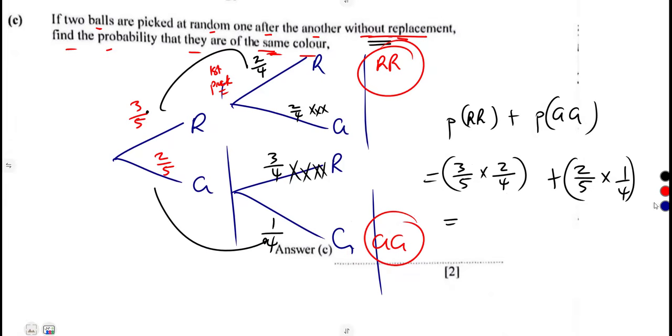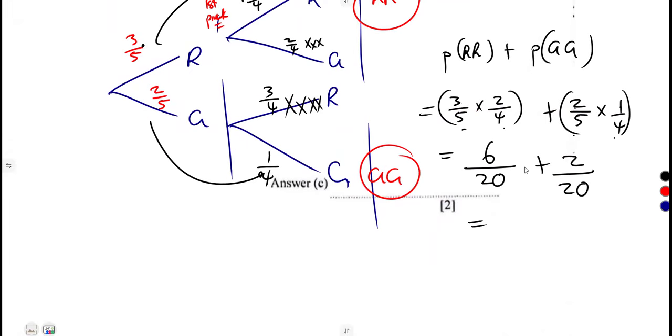All right, so let us multiply. We can simply consider numerator to numerator, denominator to denominator. 3 times 2 is 6, 5 times 4 is 20, plus 2 times 1, that's 2, 5 times 4, that's 20, so the denominators are simply the same. So we can add the numerators together: 6 plus 2, which is 8, over the same denominator of 20.